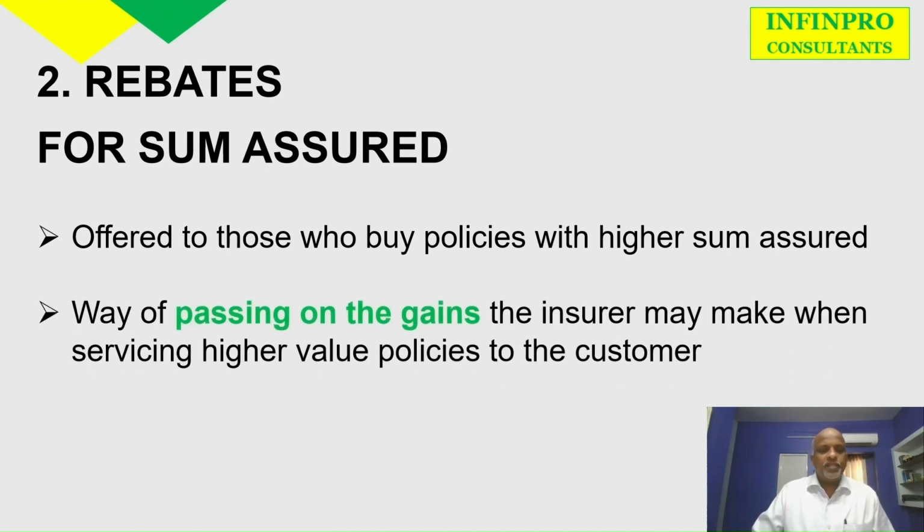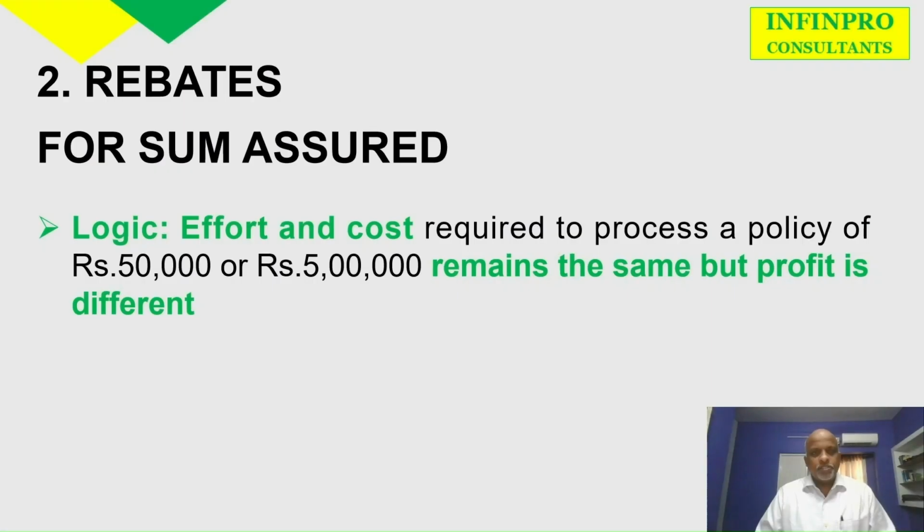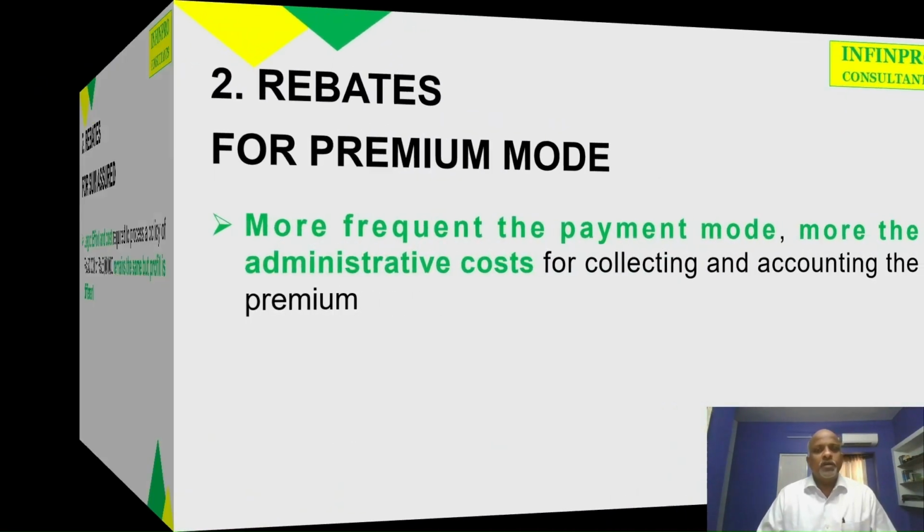It is very simple. It is like passing on the profits or gains made to the customer. What is the logic behind giving this rebate on sum assured? The effort and cost for a small policy with low sum assured or a bigger policy with high sum assured remains the same, but the profit is different here.